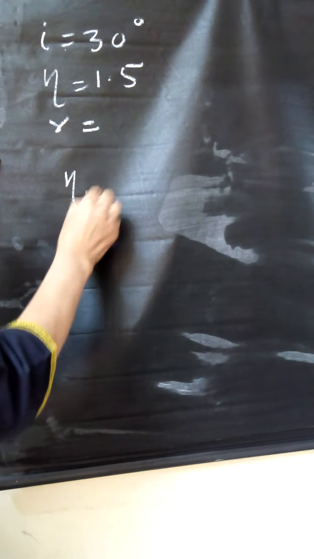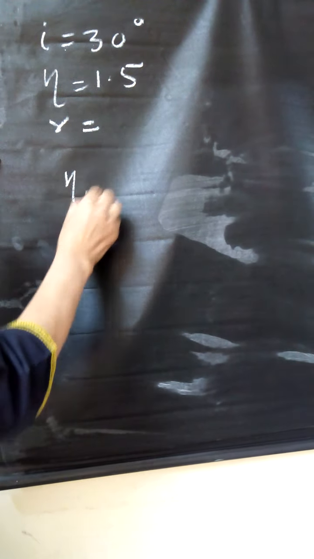Sin R is equal to sin 30, using the calculator, is 0.5 divided by 1.5. Therefore sin R is equal to 0.5 upon 1.5, that is 0.33. Now we want the value of R.